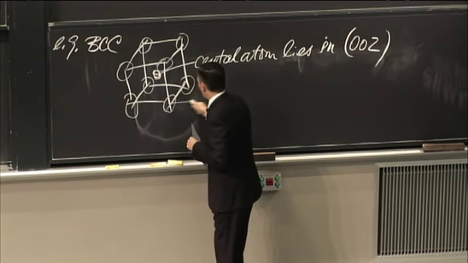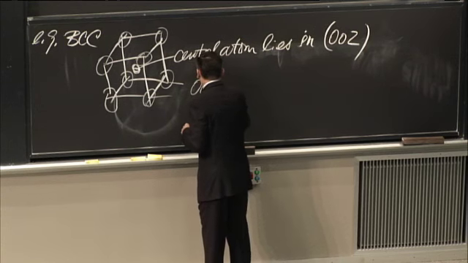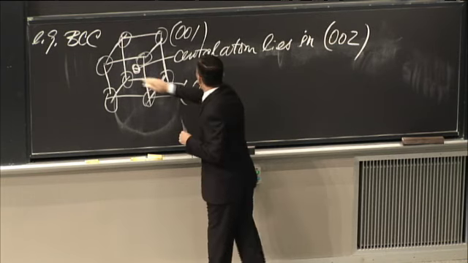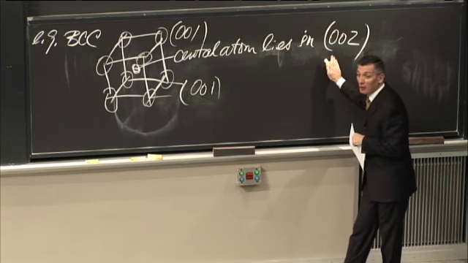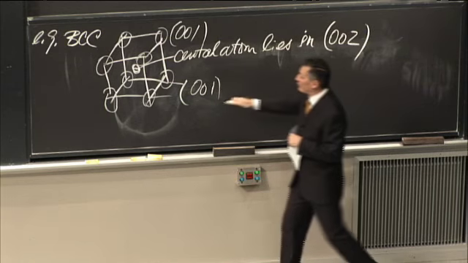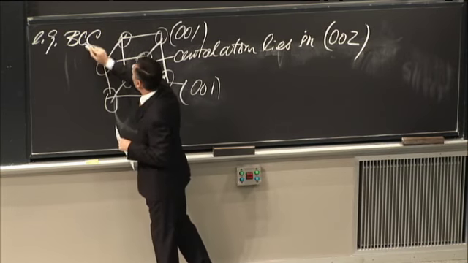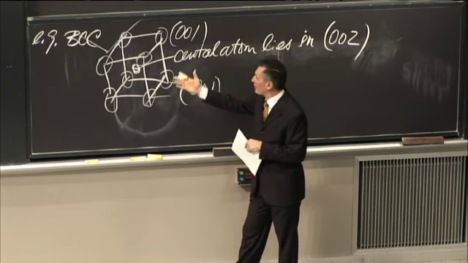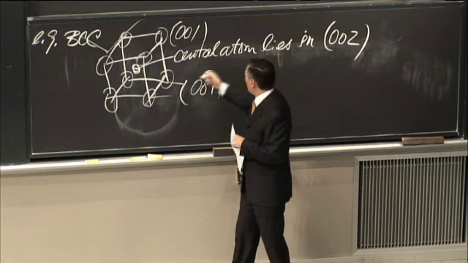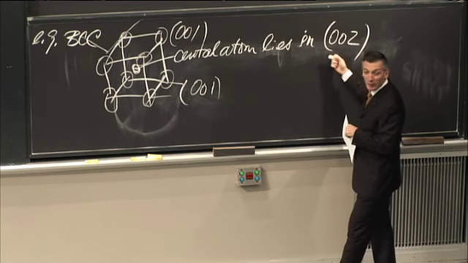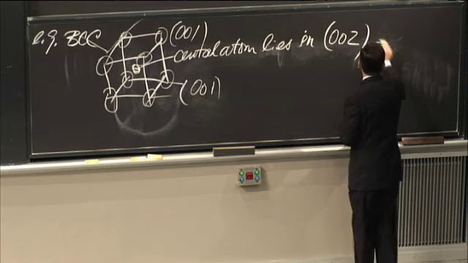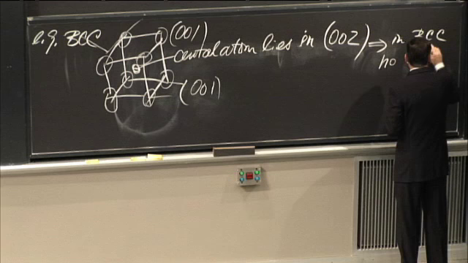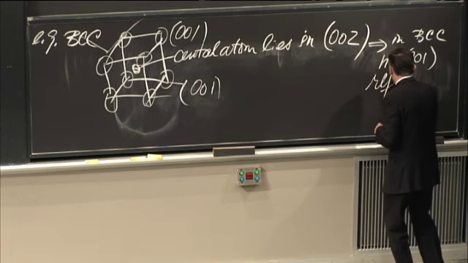The base of this is 001, and the top is an 001. But the central atom is in 002, and 002 is halfway between successive 001s. So can you see that light that comes in and is going to be constructively reinforced off of 001 is going to be destructively reinforced off of 002, and the result is that in BCC, no 001 reflection is observed.